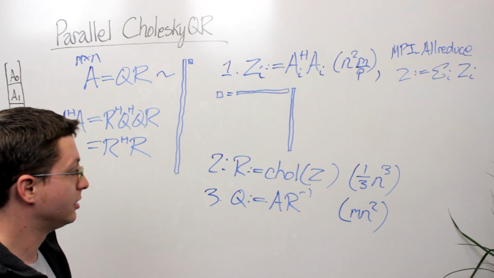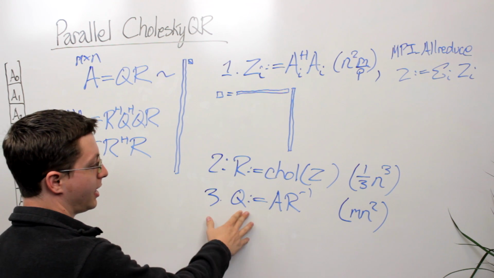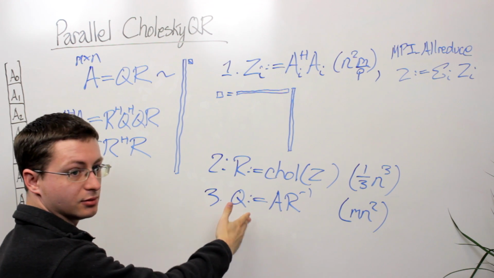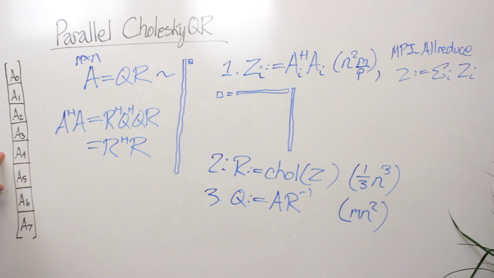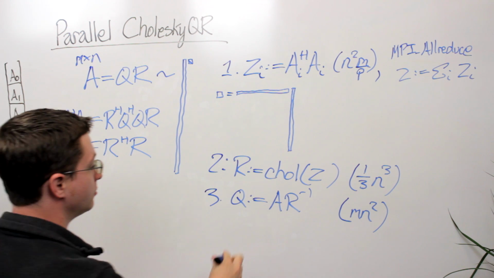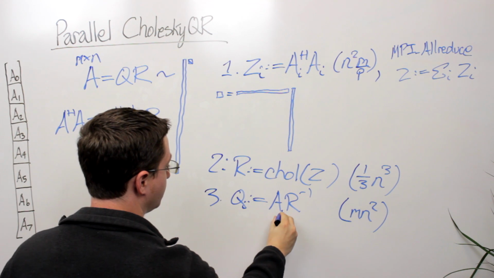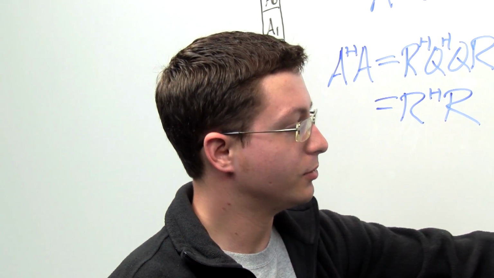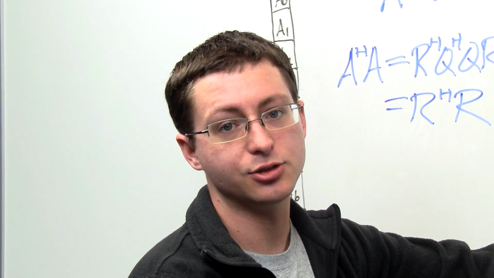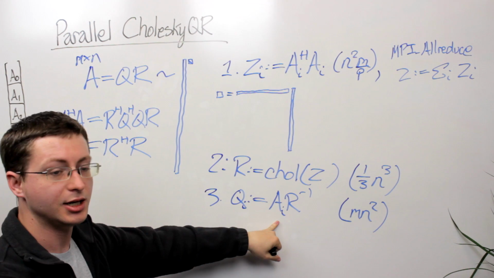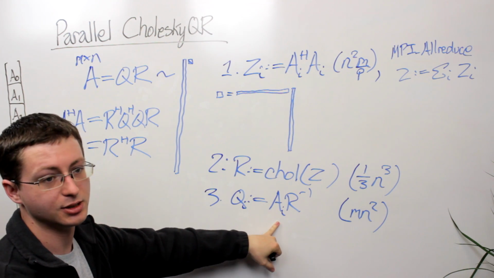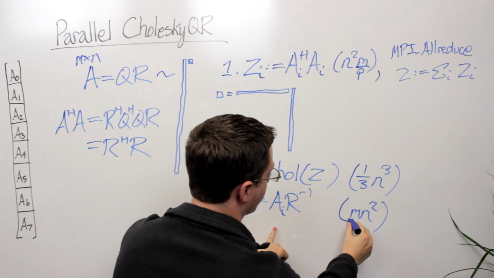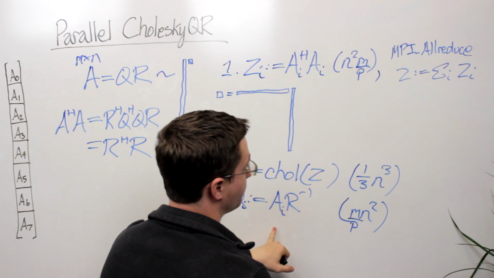We can rewrite this by saying that for each block, say the ith block of Q, it is simply equal to A sub i multiplied by R inverse. What we're doing is performing triangular solves against each row of A, and each of those triangular solves is independent, so we can just give each process some chunk of those. The work performed here is again m over p times n squared.